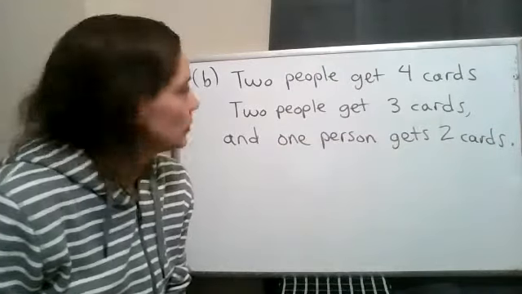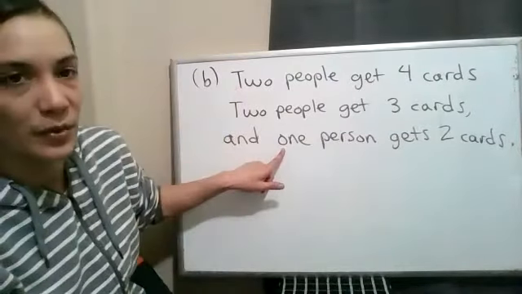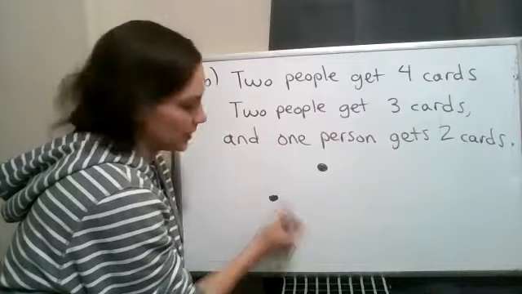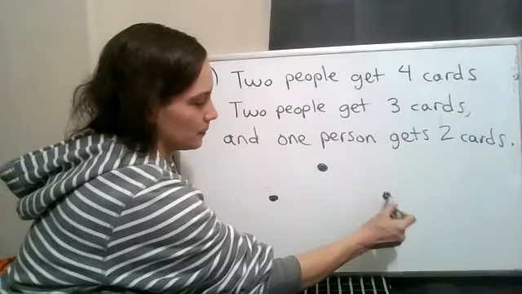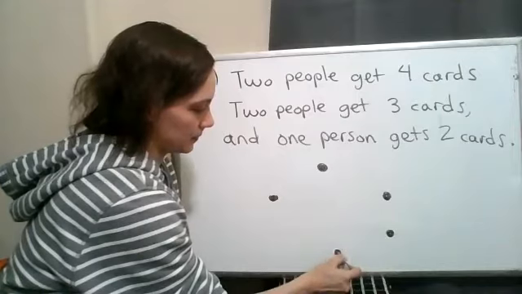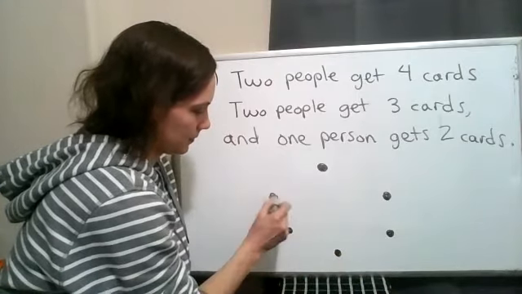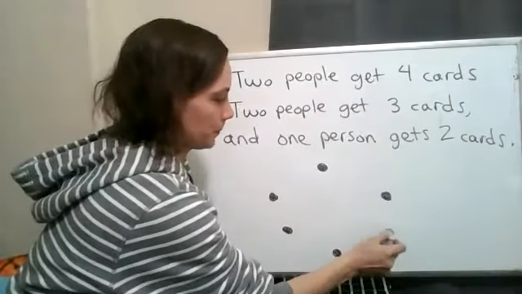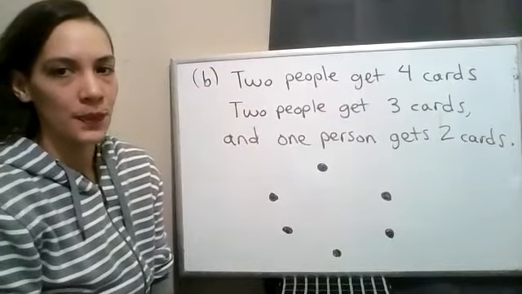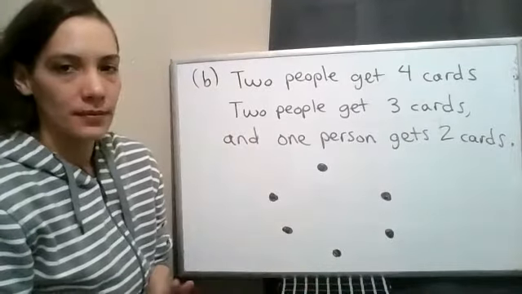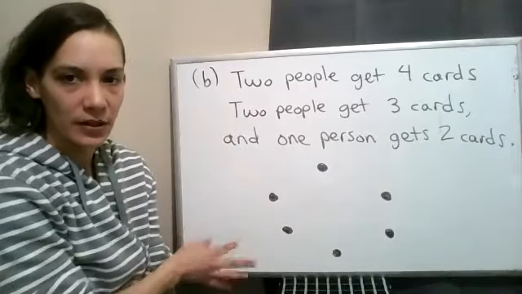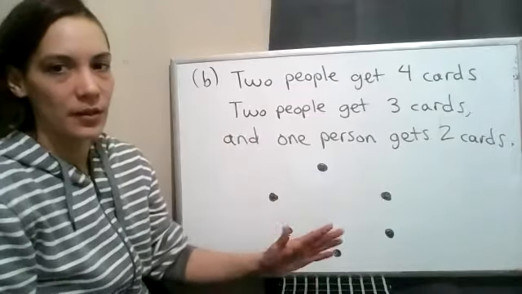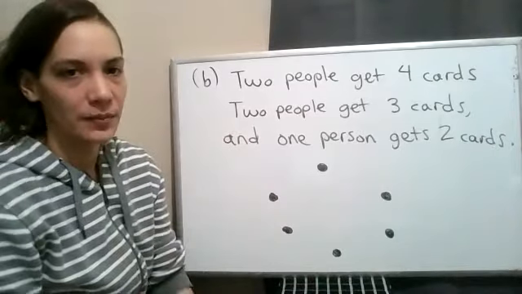So how many people total? 2, 3, 4, 5 people. Put them like this. Usually in class we play with how to draw the picture, but I'm going to just help you draw the picture using my previous work.